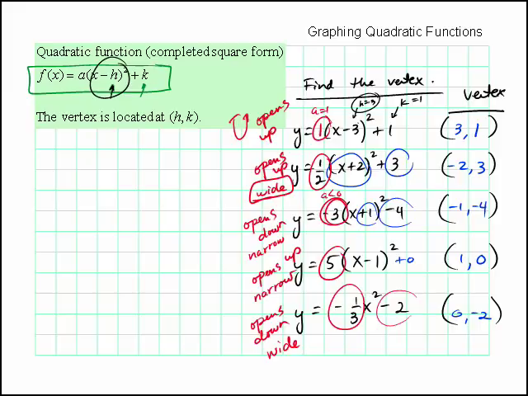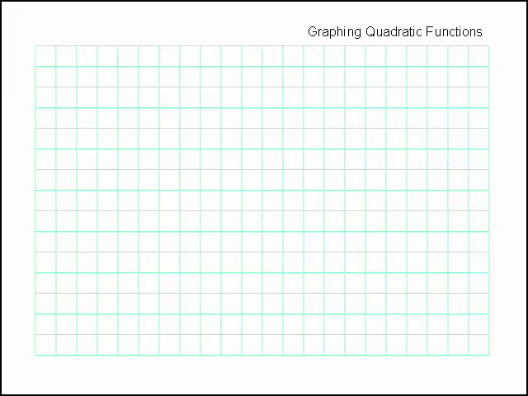Okay. So what do we do if we want to find the vertex of something like this? What if our equation is not in that completed square form? What if it's something like x squared minus 4x plus 5, and I want the vertex of the parabola?